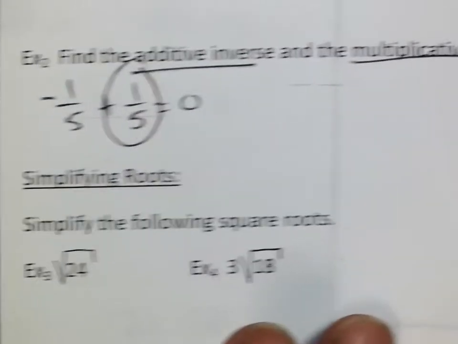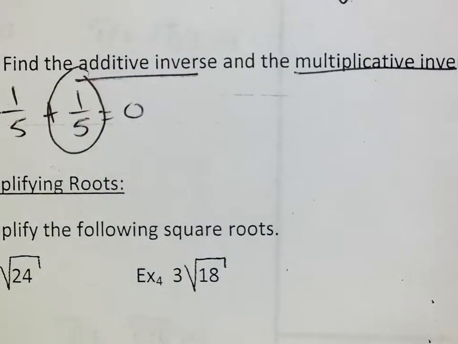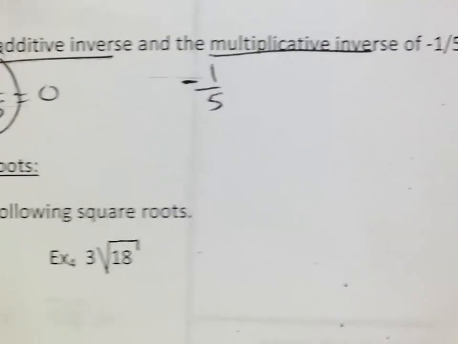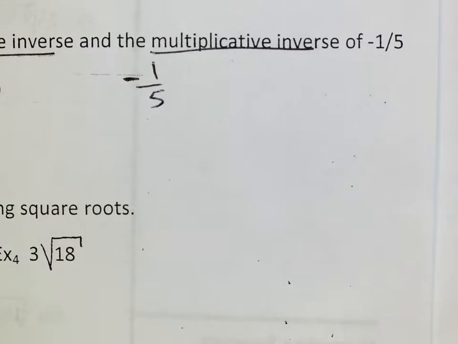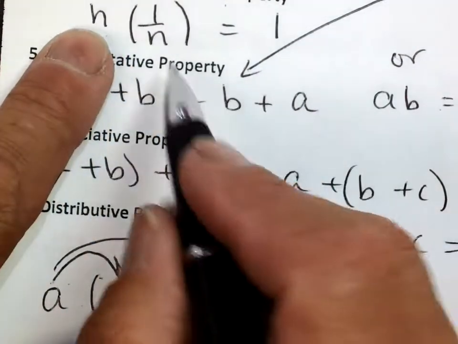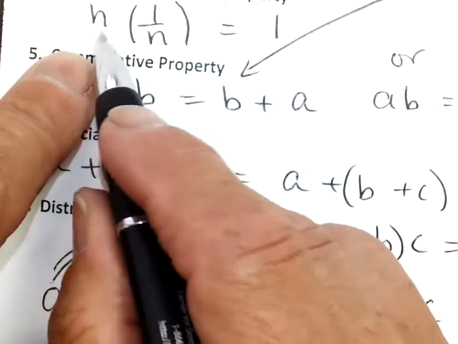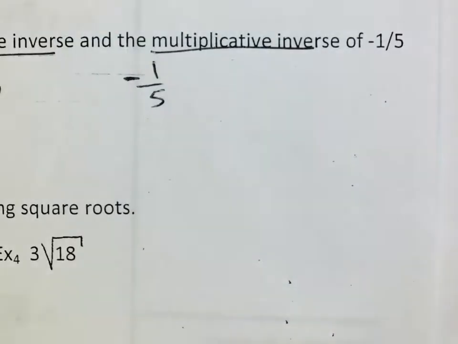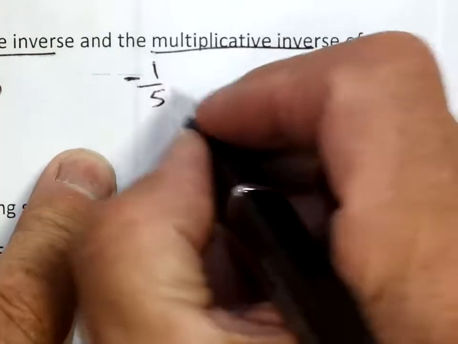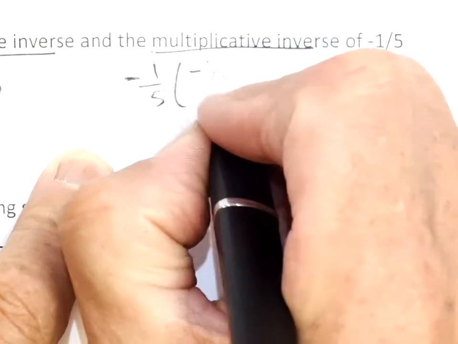Now I want the multiplicative inverse of negative 1/5. So I got negative 1/5. Look at my notes. Multiplicative inverse, so here it is. So it's the opposite of it, right? So n and 1 over n. But this thing's already 1 over n, so we'll flip it and multiply it by, but we got to do the negative.